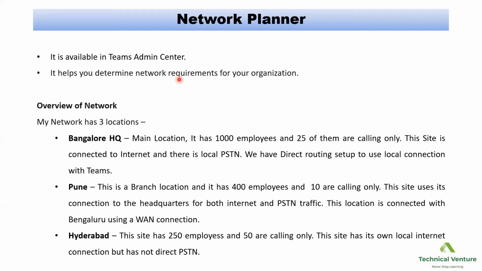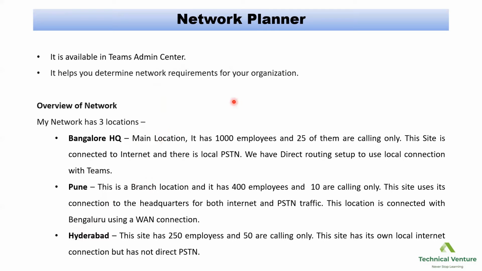If you have more bandwidth than the prescribed limit, or I can say more than the recommendation, then that's good. If the bandwidth is not as per the standard, then you need to increase the bandwidth. Right, that is what we are going to discuss. This network planning is available only in the Teams admin center.